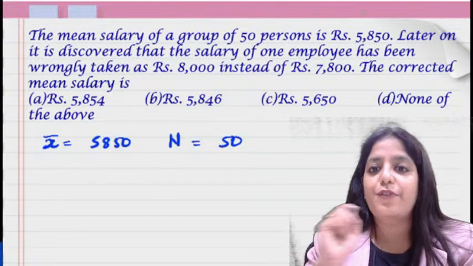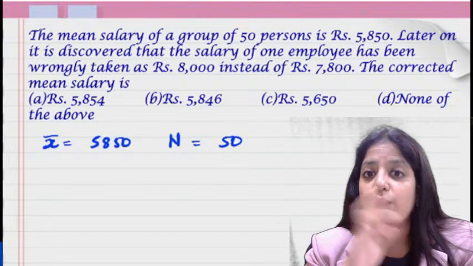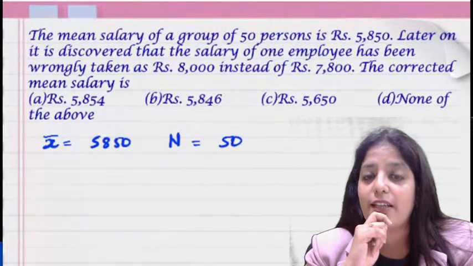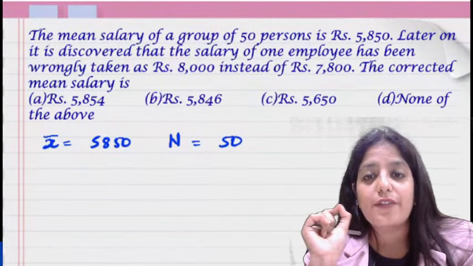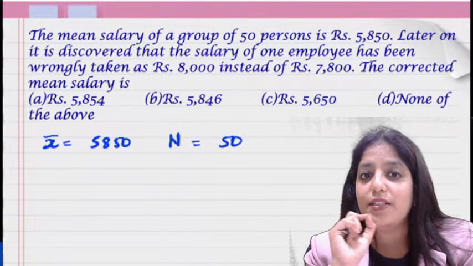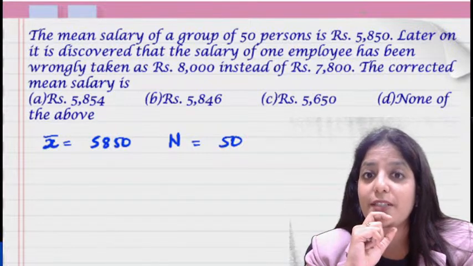Further they are saying, later on it is discovered that the salary of one employee has been wrongly taken as 8,000 instead of 7,800. The corrected mean salary is? What are they saying?